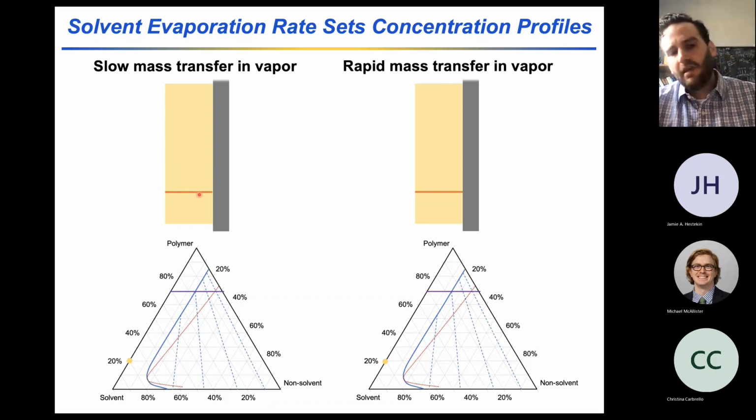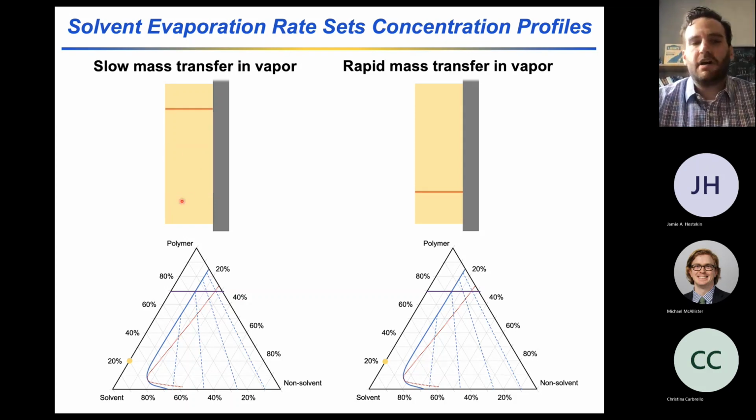If I have slow mass transfer in the vapor, then the composition within the casting solution can remain well mixed. As I evaporate solvent off, the polymer concentration increases uniformly across the cast film thickness, which would be consistent with just moving the whole film composition along this edge of the ternary phase diagram, right?